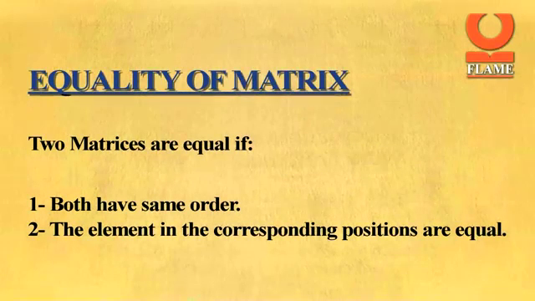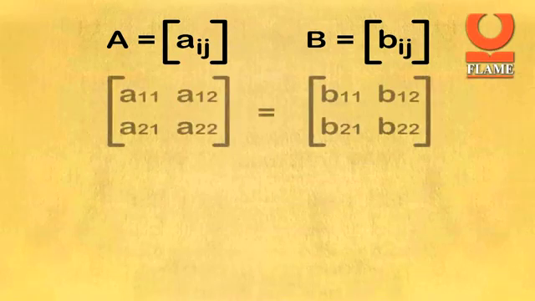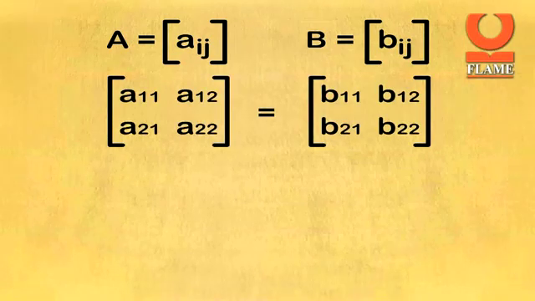Now, let us understand the algebra of matrix. Equality of matrix. Two matrices are equal if both have the same order and the elements in the corresponding positions are equal. For example, if A is equal to [Aij] and B is equal to [Bij], then [A11, A12, A21, A22] is equal to [B11, B12, B21, B22].